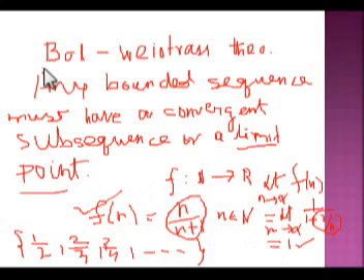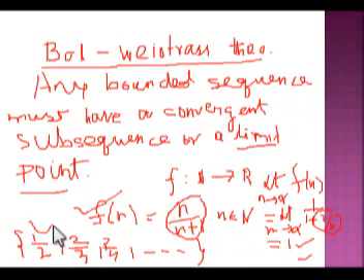Now we'll prove the Bolzano-Weierstrass theorem. It states that any bounded sequence, and this is a bounded sequence, has an upper bound of 1 and a lower bound of half.